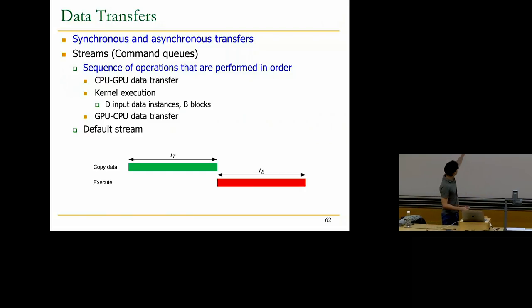This is this green bar, the copy data that you see there. And when all the data is in the global memory of the GPU, then we start the computation. That's the red part. But if we are, I don't know, transferring 1,000 images, and the computation that we need to execute on these images is independent, I can operate on image 0, and another guy can operate on image 1, and the computation that we do is independent.